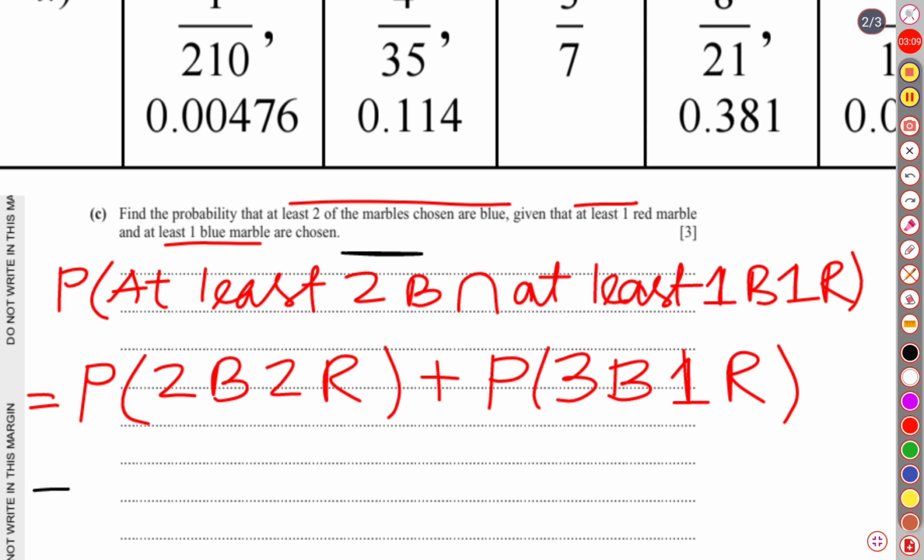Now from the probability distribution table we prepared in question number B, we can pick up the information.